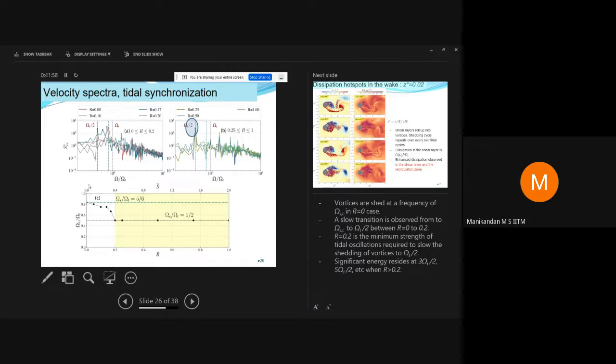And then it's a very nice and sharp transition, and you can see that very nicely here. If you look at this particular plot, and then you look at omega t over 2, there's nothing much going on. And this is the frequency spectrum of the lateral velocity, SVD. But once you go beyond 0.25, then there is a sharp increase in this vortex shedding signal.